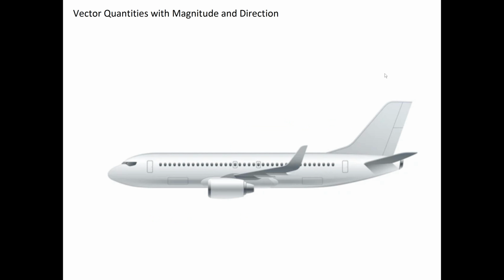Let's take a look at forces on an aircraft. An aircraft will have weight, which will be a force in a downward direction, and as the engines power the aircraft, it will have a force in a forward direction, which we'll call the thrust.